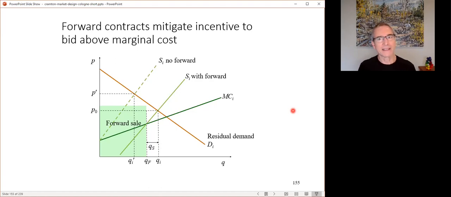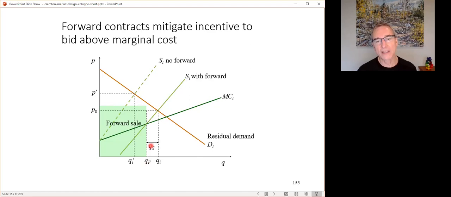in Germany, they'll have the intraday market, and then there'll eventually be a balancing market, but the structure is a little bit different, but this outcome is the same, that there's lots of forward contracting, and the forward contracting does an enormous amount to mitigate the incentives to exercise market power.